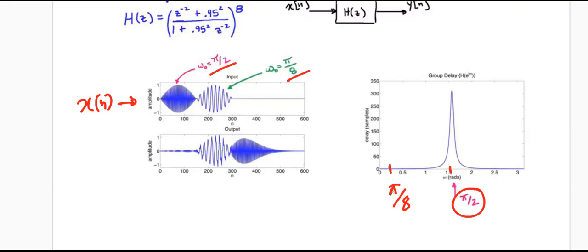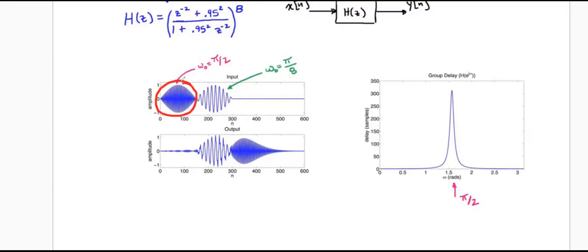In the case of pi by 8 frequency, there is no delay, so it will remain at the same location. On the other hand, the high frequency component, like pi by 2, will be delayed by 300 samples. So this point, the 0th position, is now shifted by 300 samples, and of course the other positions will be shifted too.